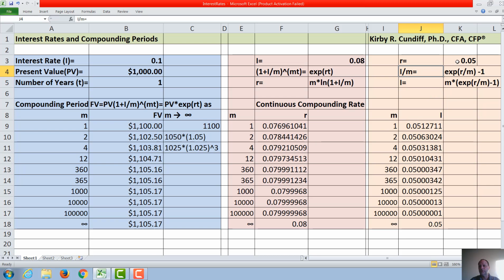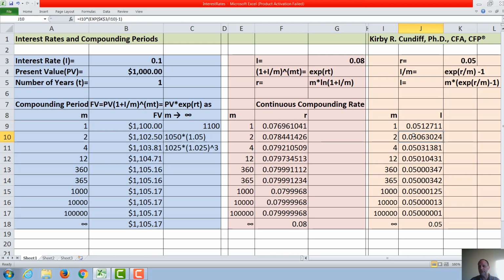And our continuous rate is now 0.05. The quantized rate that is equivalent is going to be greater than that, because for a continuous rate, you're going to get more interest on the interest. So we start out here first with M equals 1, and we put 1 in here, and 0.05 in for R, and we get 0.0512.